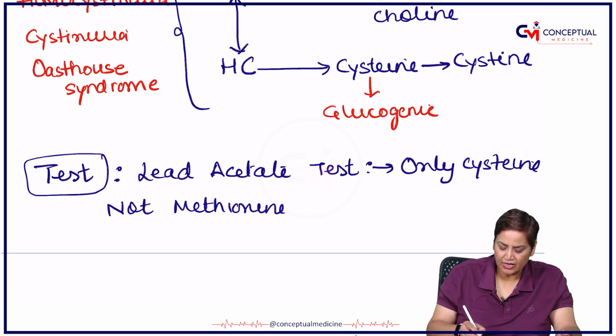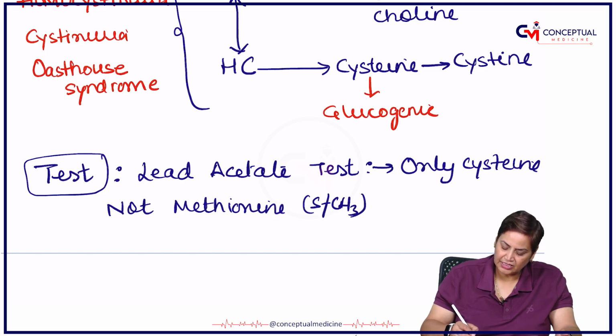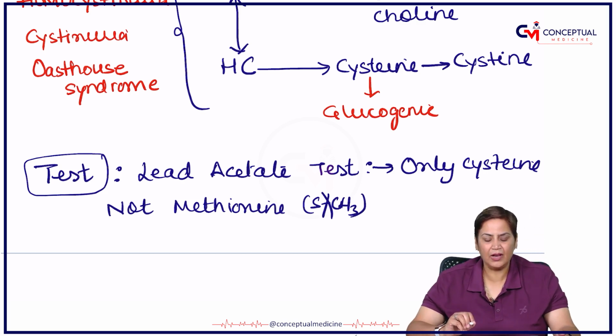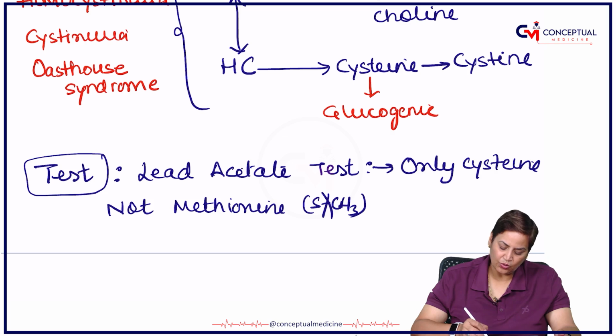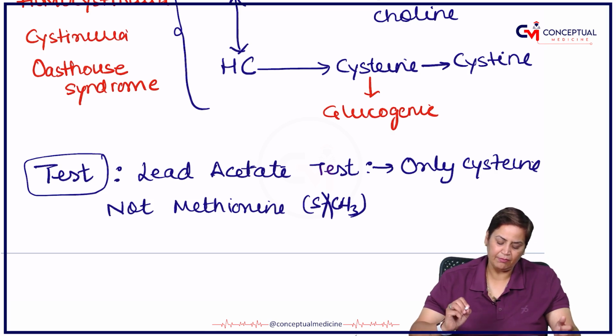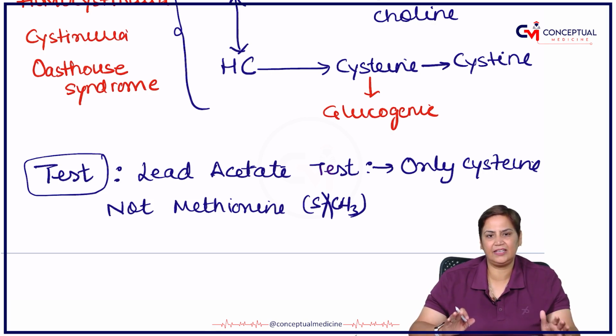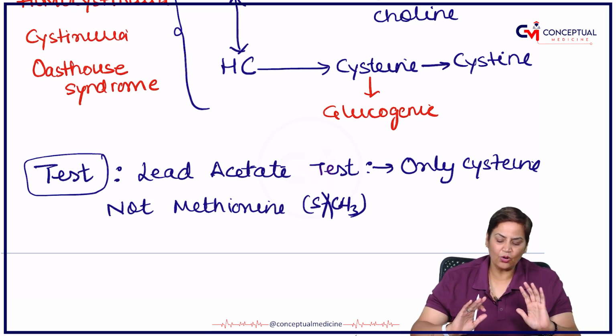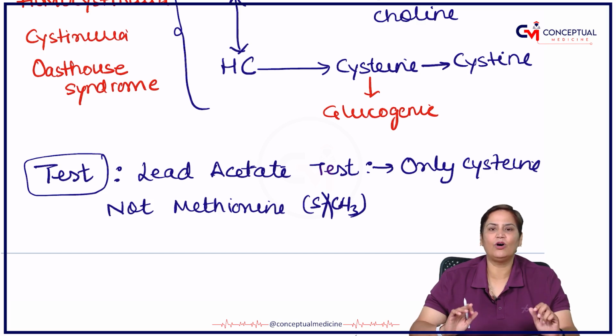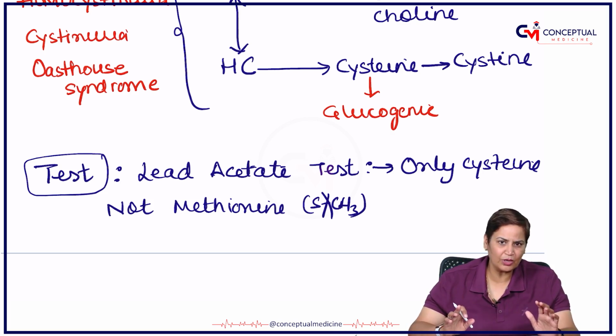Because if you see the structure, methionine has SCH3. So this bond cannot be broken, right? So we can estimate cysteine only by this lead acetate test. So this is all about the metabolism of sulfur-containing amino acids, cysteine and methionine, where methionine is a strictly non-polar amino acid.